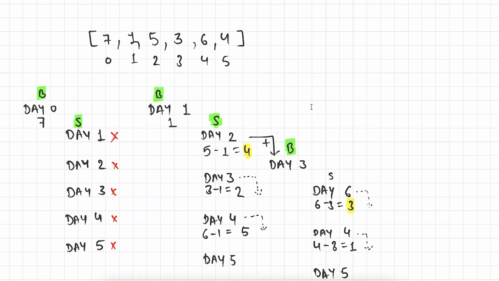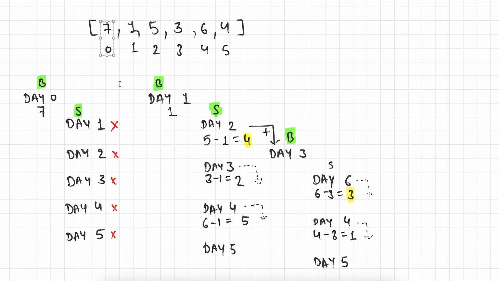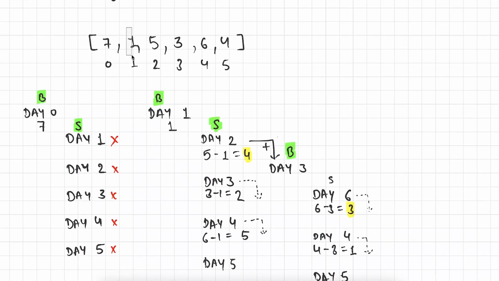So what we do, we start from day 0 and we try to find pairs with day 0 in the future, because if we buy on day 0 and sell it on day 0, we are not going to make any profit. So if you want to make a profit, we have to buy on day 0 and we can sell it on any day in the future, meaning we can sell it on day 1, day 2, day 3, day 4 and day 5.